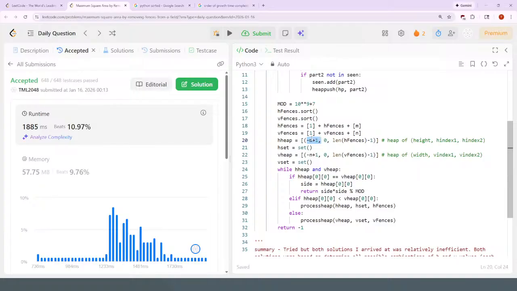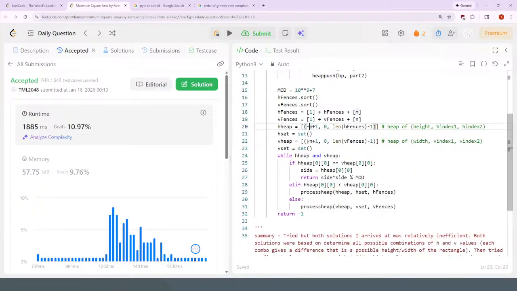Since it's ascendingly sorted, you convert your numbers to negative so that the largest is on top of the heap. Same deal for the vertical, and then kind of do an iterative process. If any heap empties, that means there's no comparison, that means it's not possible. If the tops of the heaps are the same length for those heights and widths, then just return the area of that square.